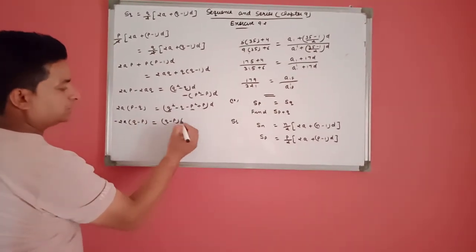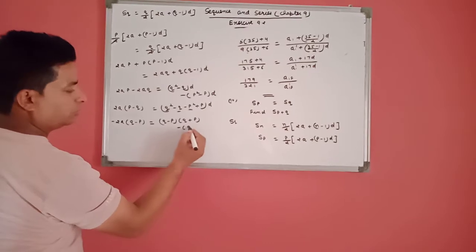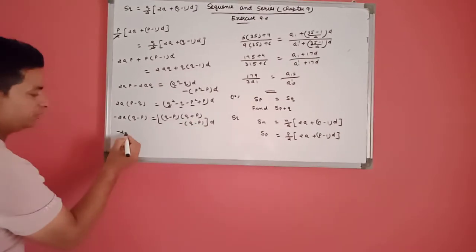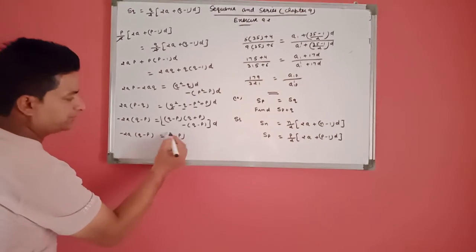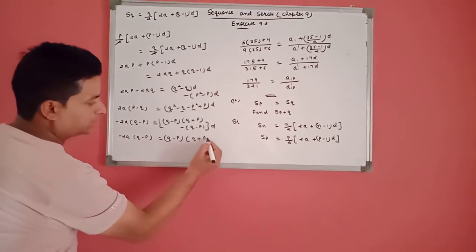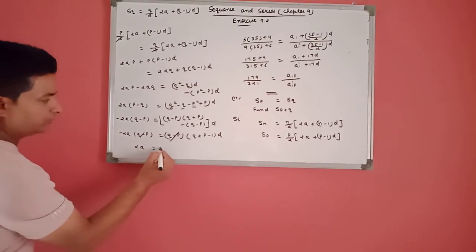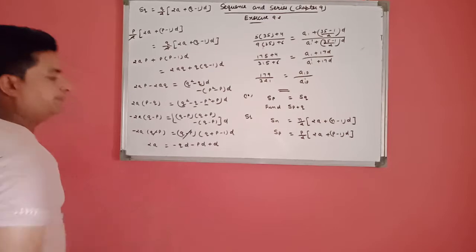We get (q minus p)(q plus p). Take minus 1 common. So we have 2a(q minus p) and take (q minus p) common, (q plus p minus 1) into d. This cancels out. So the value of 2a is minus qd minus pd plus d.